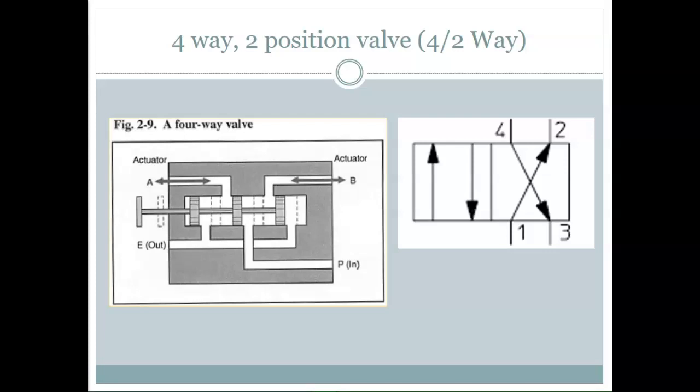You have 1 here, 1 here, 1 here, and 1 here. So it goes from 1 to 2 and from 4 to 3 in this particular box. What that means is that 1 is always going to be your pressure. 1 will always be your incoming pressure. Always. Period. End of.